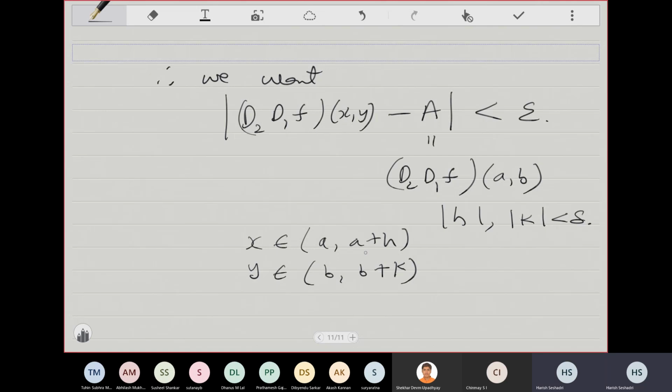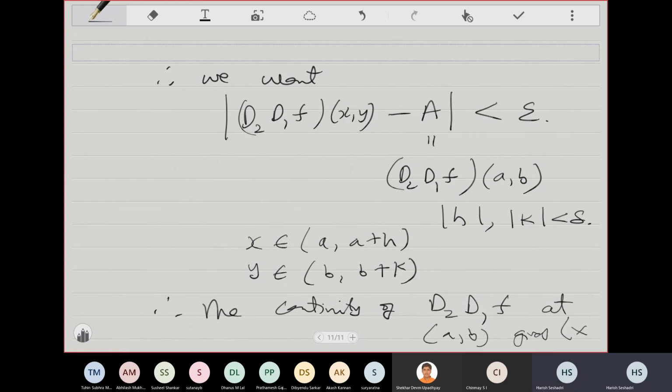So you're done. Therefore, the continuity of d2 d1 f at ab gives star. Let's call this star. That's it.